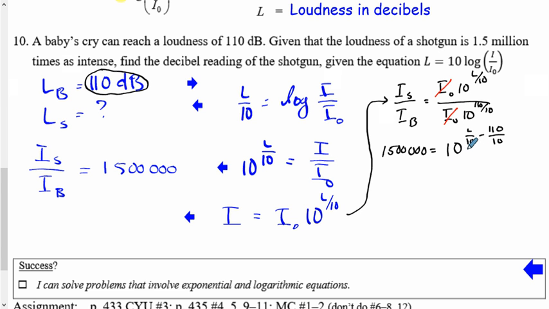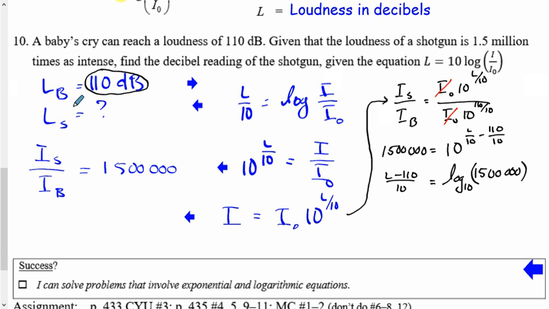So my exponent, which is L minus 110 over that common denominator of 10, so I've simplified that exponent, is going to equal a log base 10 of the 1.5 million. And I need to solve this to figure out what the L value will be, so the loudness for the shotgun.